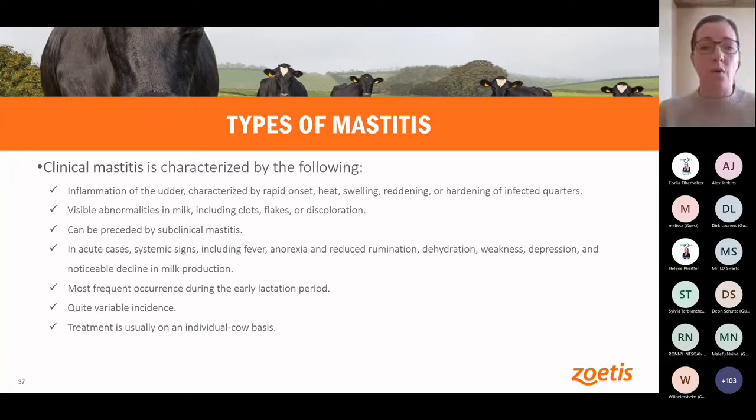Quite variable incidence. Some animals might not be affected at all, and some animals might have constant clinical mastitis, and then this can be quite fatal. Literally, animals are fine in the morning and dead in the afternoon. All right. And here we will look at treatment as usually on an individual cow basis.